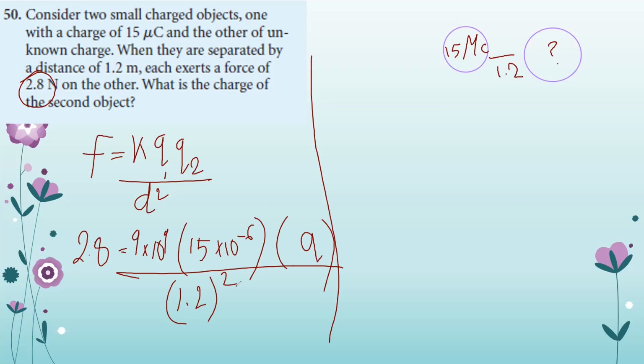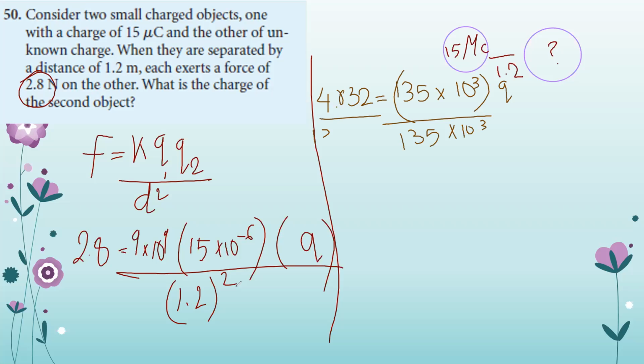Now, 2.8 times 1.2 squared, let's multiply them now. You have 4.032 equal to 9 times 15, which is 135 times 10 to the power 3, times the Q. I want only Q. Let's divide by 135 times 10 to the power 3.